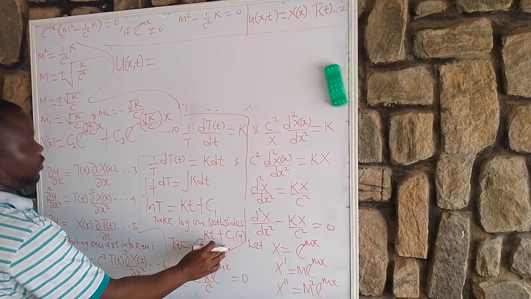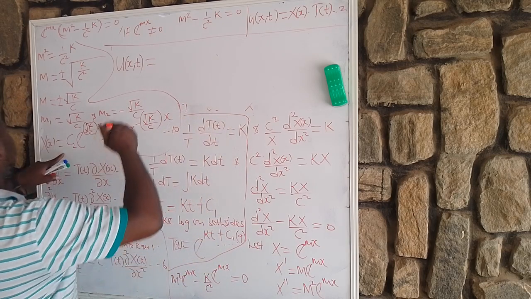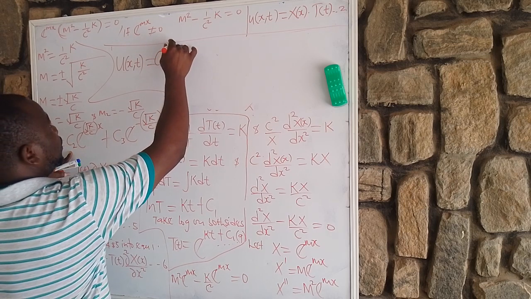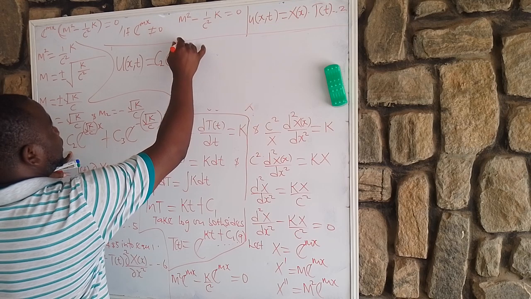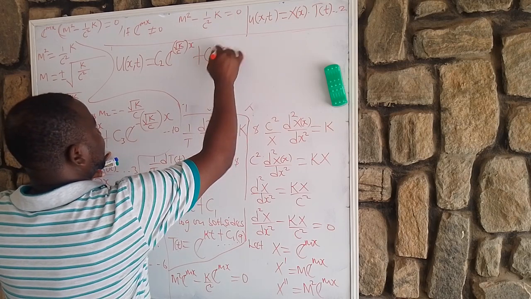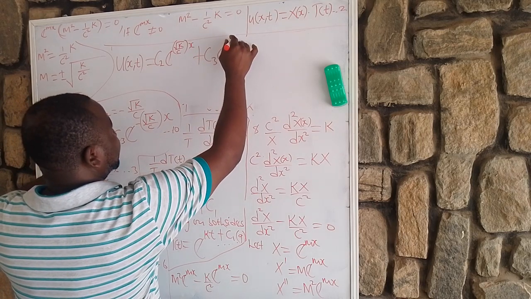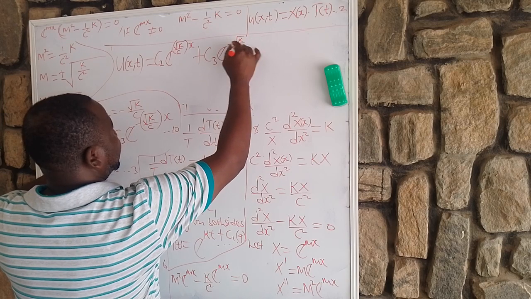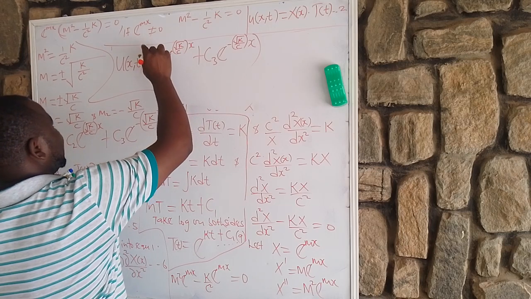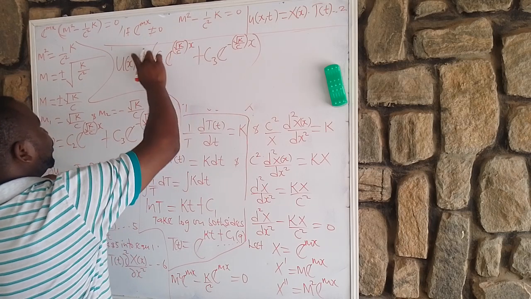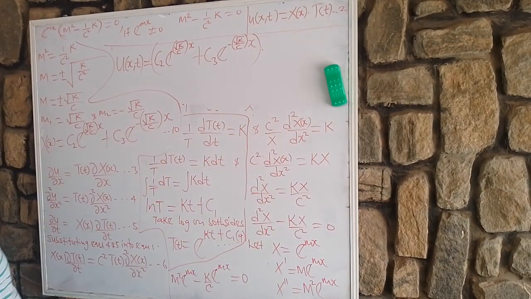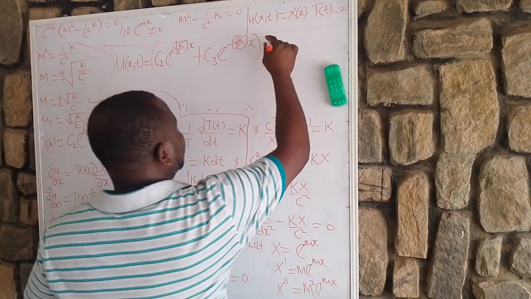T of t is what? This. So we multiply. That is c2 exponential square root of k all over c, close bracket, x plus c3 exponential minus square root of k all over c, open bracket x close bracket, this is equal to times T of t, which is what?